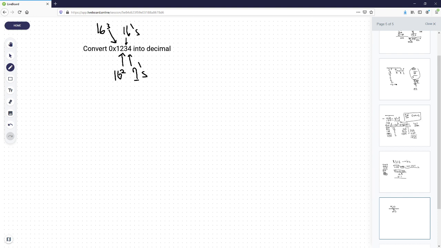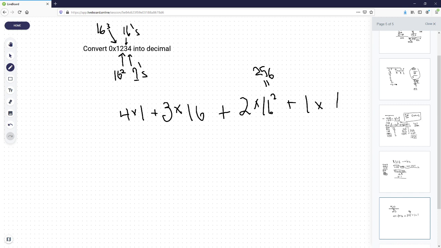So basically, the way to look at this is that we will add up all these things. So we add up 4 times 1 plus 3 times 16 plus 2 times 16 squared, which as it turns out is 256, and plus 1 times 16 cubed.